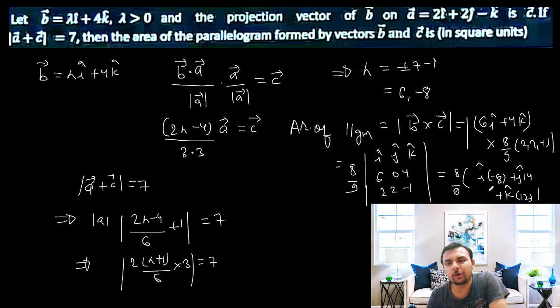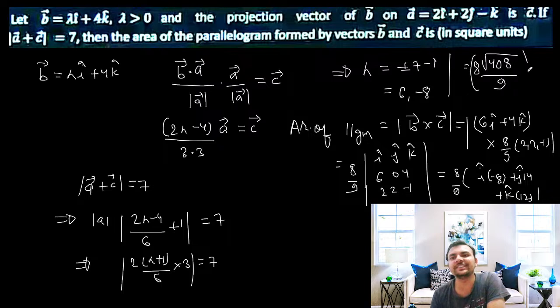So if we take 4 common, 2 common, or 64 plus 144, 208, 208 plus 196. 9 into 8.